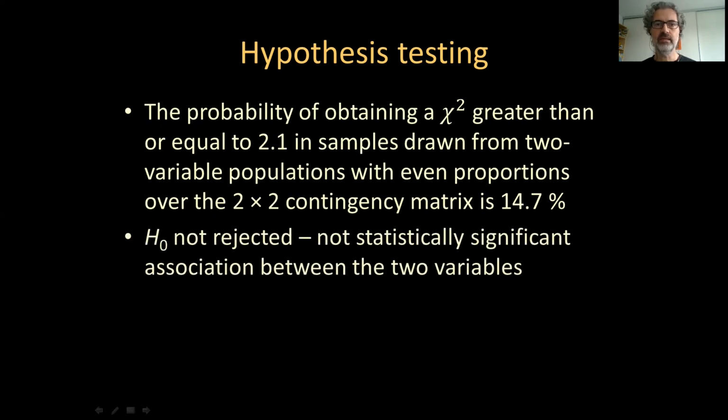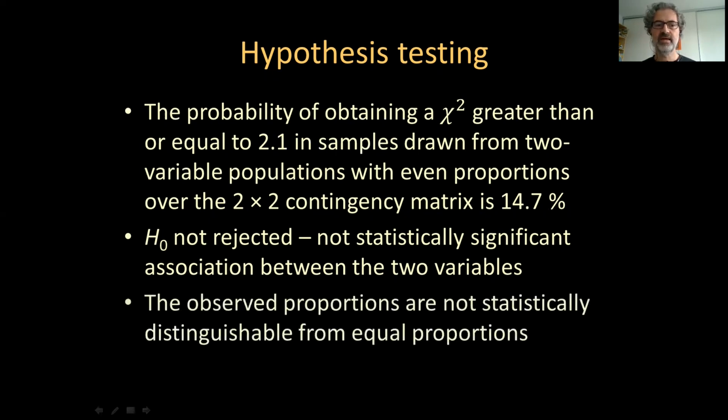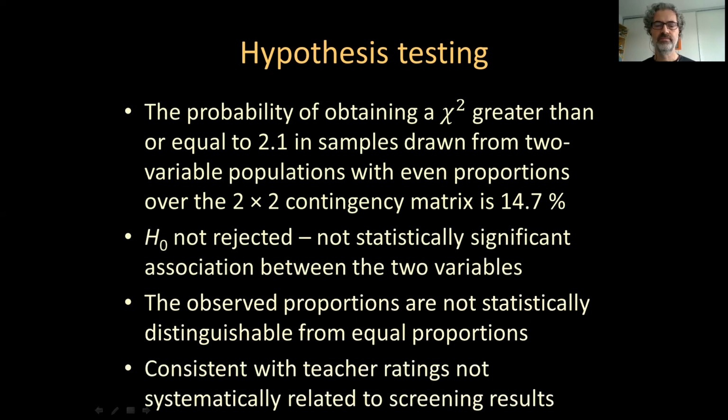Therefore, we cannot reject the null hypothesis. The association between the two variables is not statistically significant. This means that the observed proportions are not statistically distinguishable from equal proportions. Equal proportions means unrelated variables.